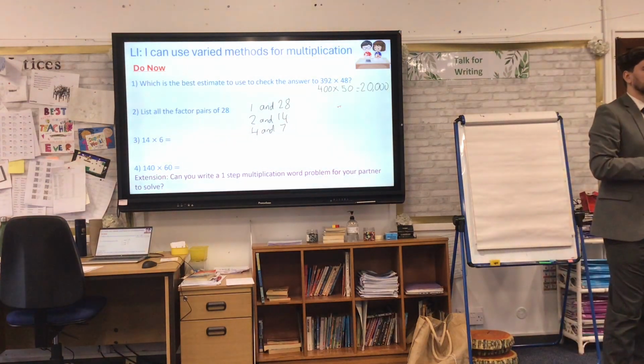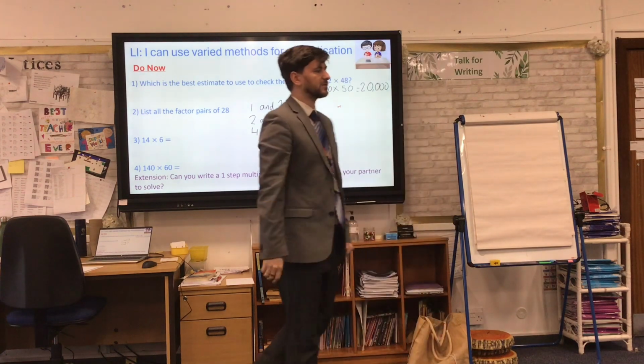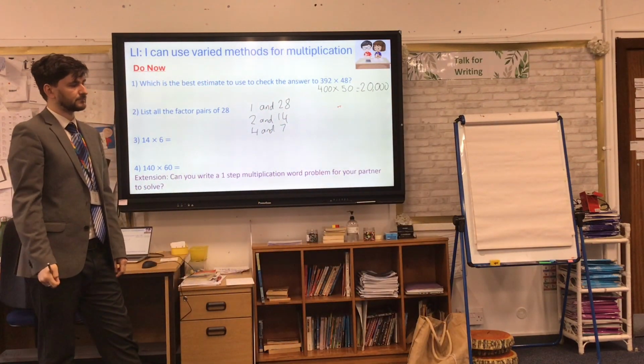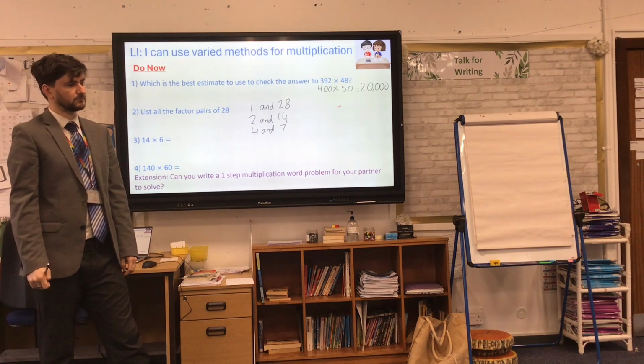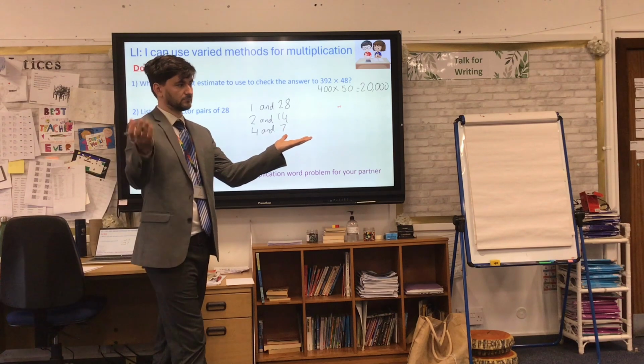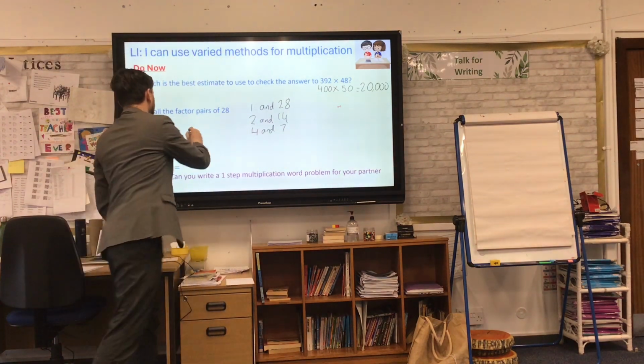Okay, next one. I'm going to ask Avin, how would you solve 14 multiplied by 6? I would times 6 by 10, which is 60, and 6 times 4, which is 24, and then add them, which is 84. Who likes Avin's method for doing that?